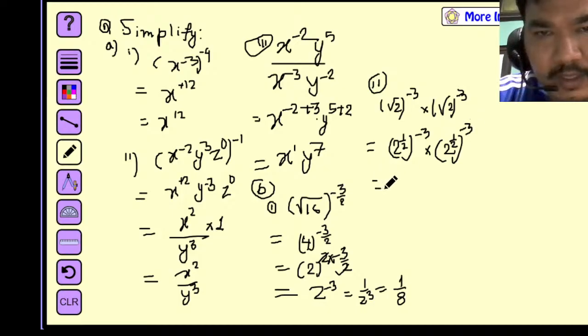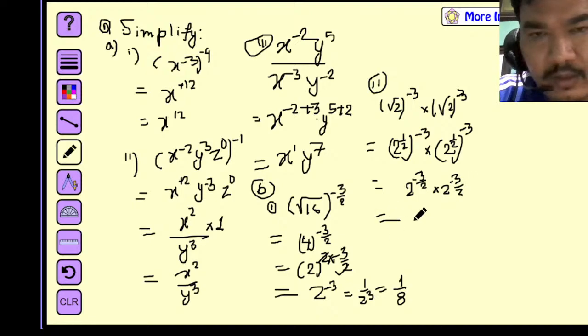Then we can write 2 to the power minus 3 by 2, and next also 2 to the power minus 3 by 2. Then the base is the same, so we add the powers, minus 3 by 2 plus minus 3 by 2.